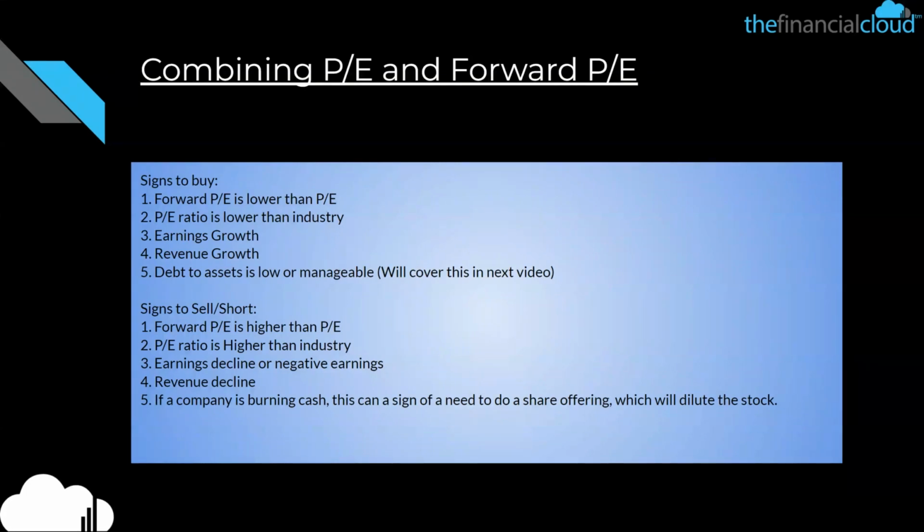So if a company is burning cash and they're not profitable, depending on what their war chest looks like in cash, it's possible they'll need to do a share offering, which will dilute the stock. So if they do a 10% share offering, that could push the stock price down 10%, and that could be a bad sign.